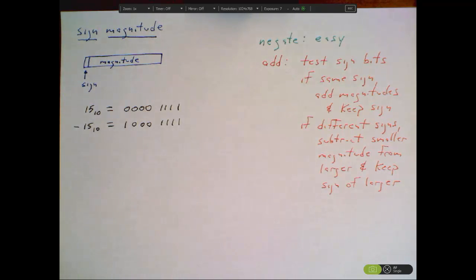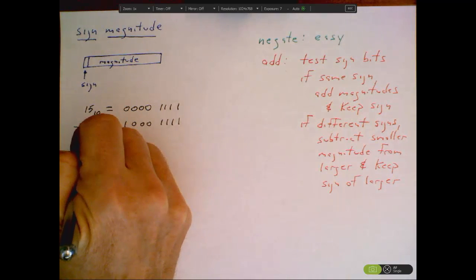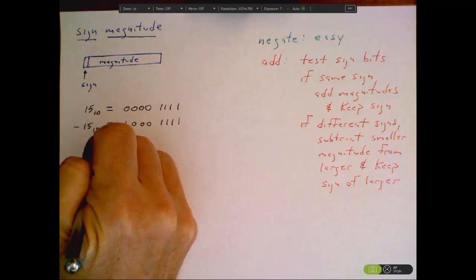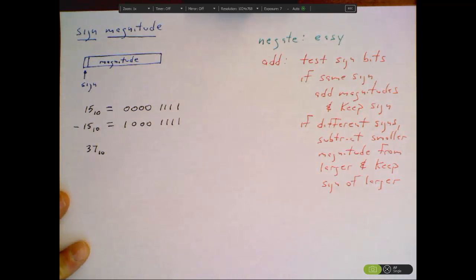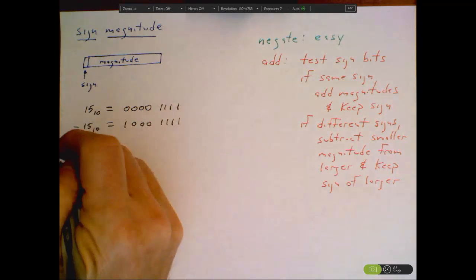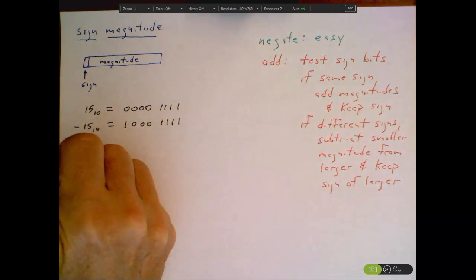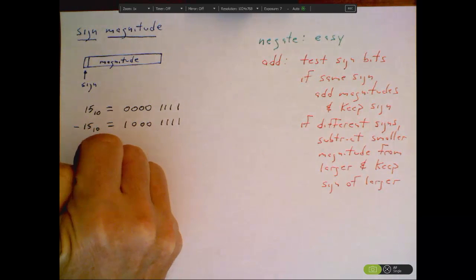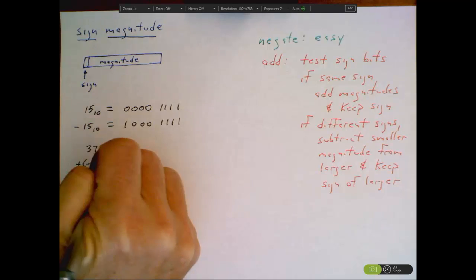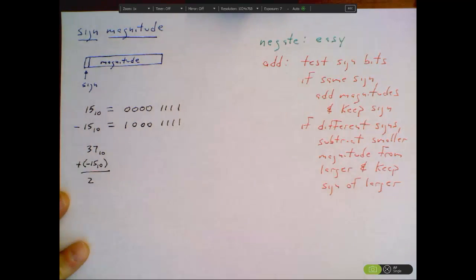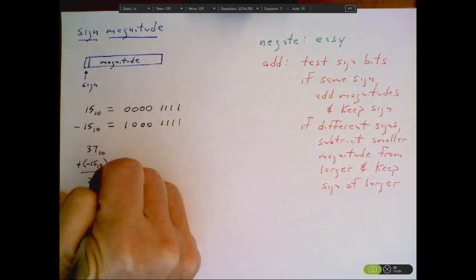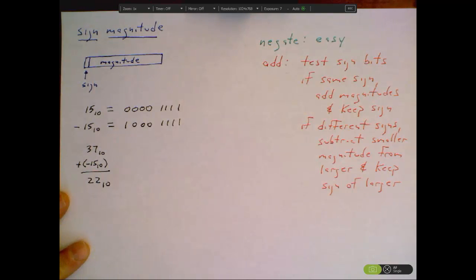But let's consider addition. What if I want to add together 37 in base 10 plus minus 15 in base 10? I of course should end up with positive 22. So let's take a look.